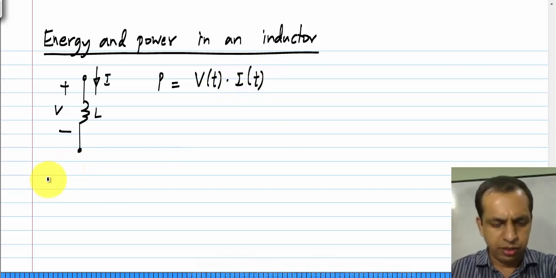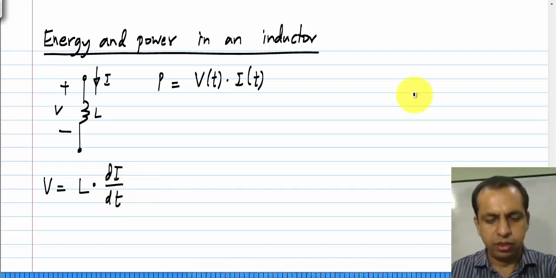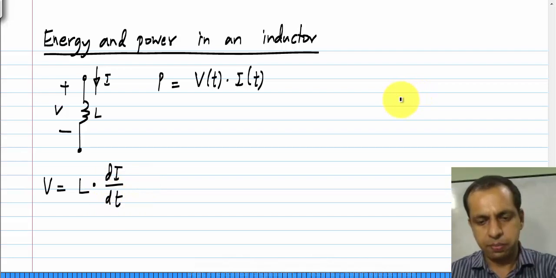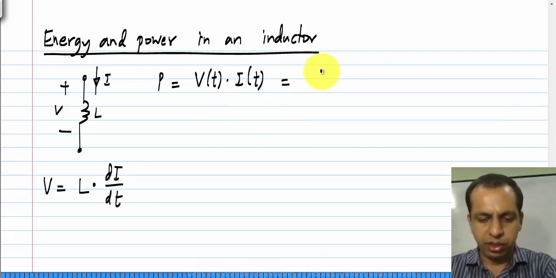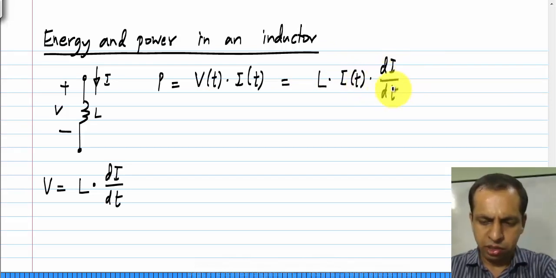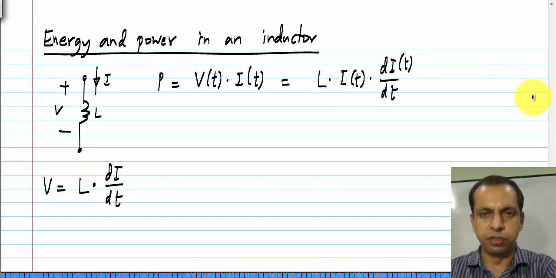But in an inductor, the voltage is the inductance L times dI/dt, the time derivative of the current I. Substituting that here, we get L times I of t times the time derivative of the current. So, as before, this looks a little complicated, but the important thing is to realize that this can be either positive or negative. Okay.